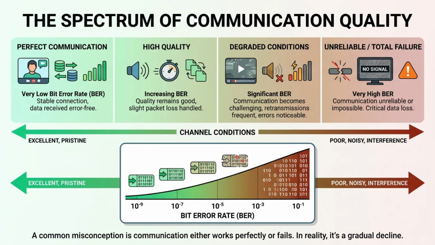A common misconception is that communication either works perfectly or completely fails. In reality, communication quality exists on a spectrum. As channel conditions become worse, the bit error rate gradually increases until reliable communication is no longer possible.